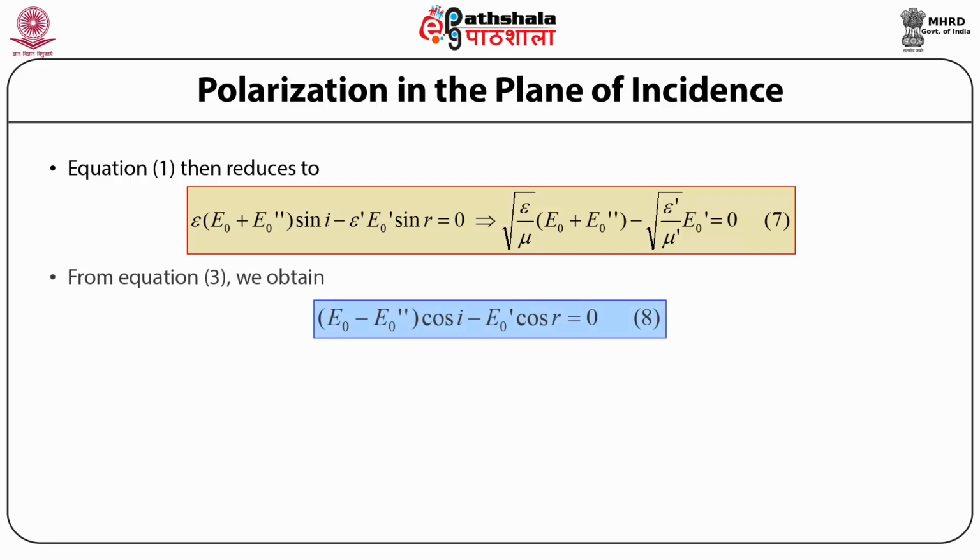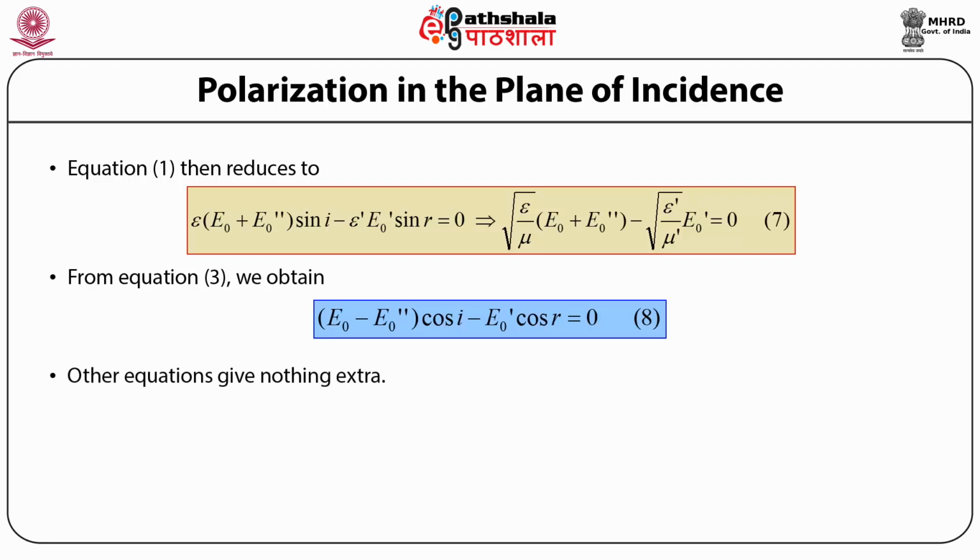Further, from equation 3, which defined the boundary condition of the electric field vector, which said that the tangential component of the electric field is continuous, we get the relation using the above equations as (the amplitude of the electric field of the incident wave minus the amplitude of the electric field of the reflected wave) times cos of the angle of incidence, minus the amplitude of the electric field of the refracted wave times cos of the angle of refraction, is equal to 0.